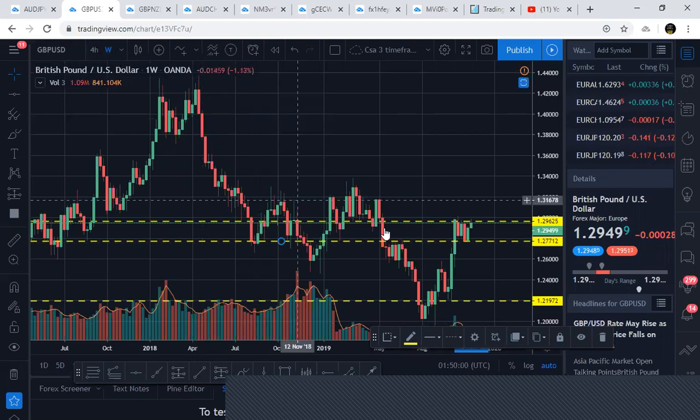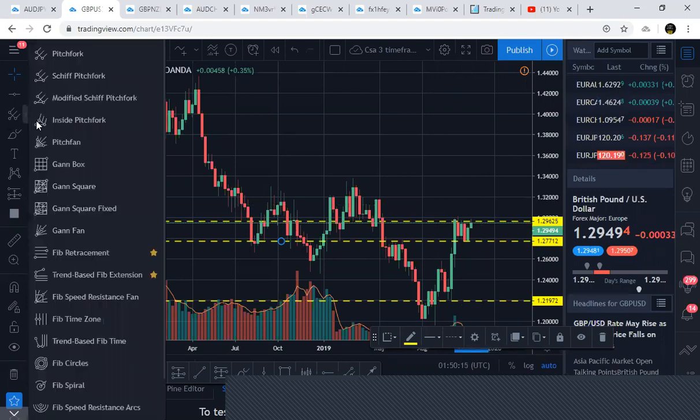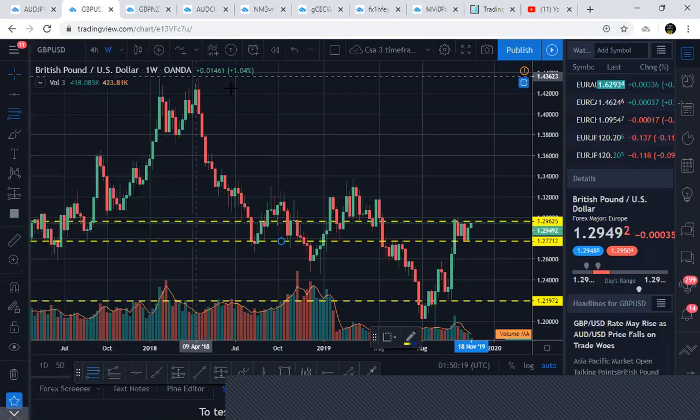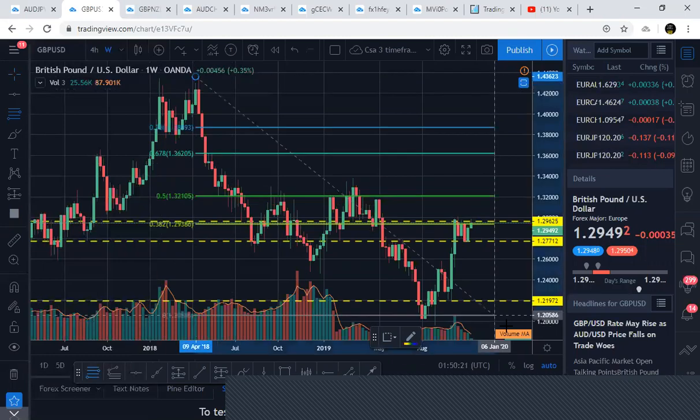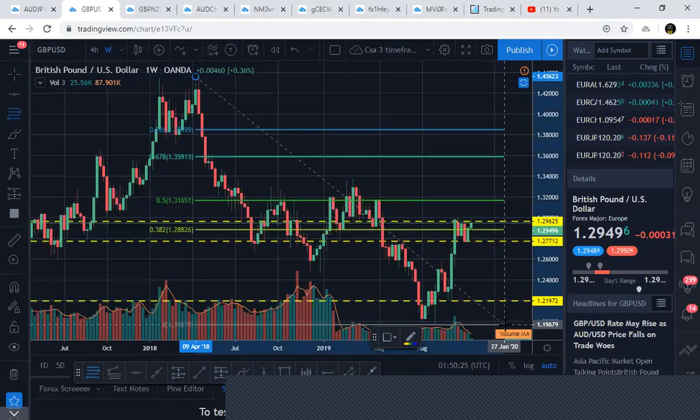When we go to the weekly, we notice there was a big down movement. Price has been bearish for a while. We're finally getting a retrace here. One thing we can do to find some levels is pull out our Fibonacci. We can see what point we're at in a retracement on a higher time frame and see if it gives us any information.